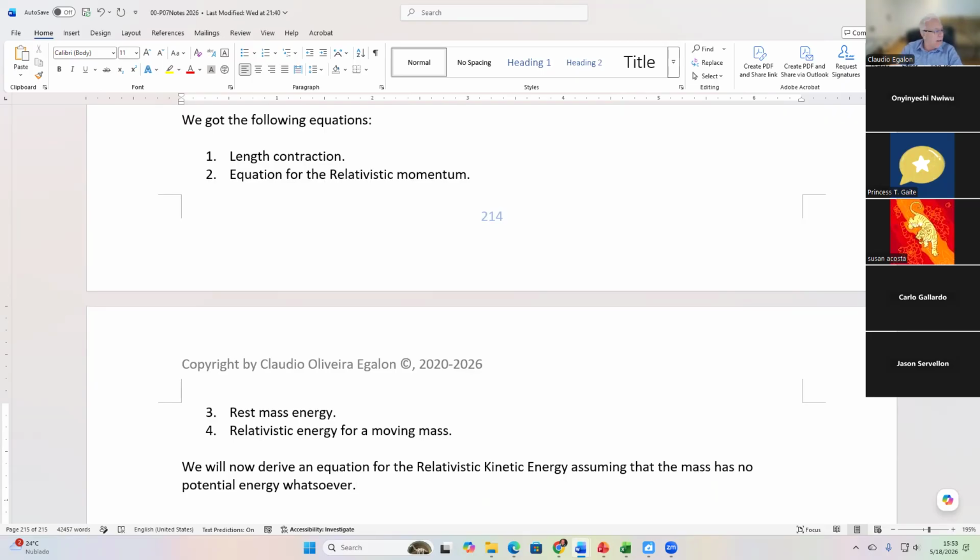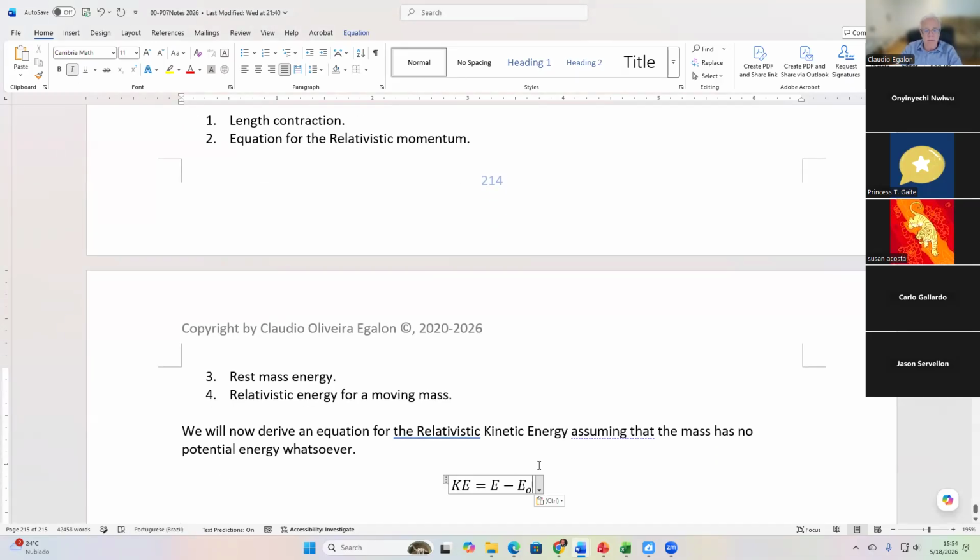And the way it goes is like that. Since there is no potential energy, we can say that the relativistic kinetic energy is the relativistic energy minus the relativistic rest energy.